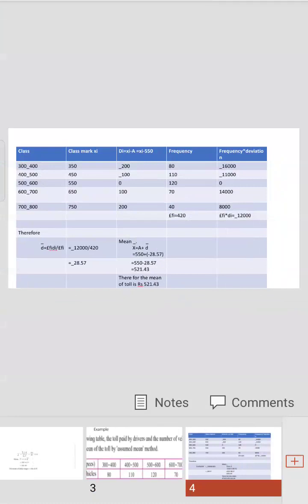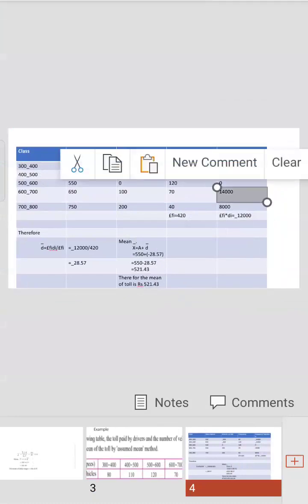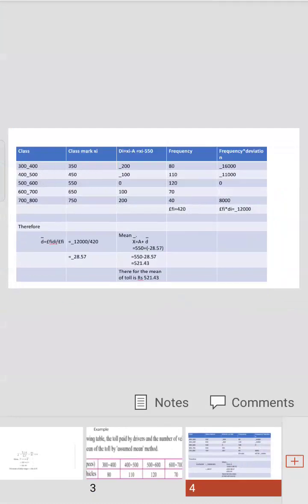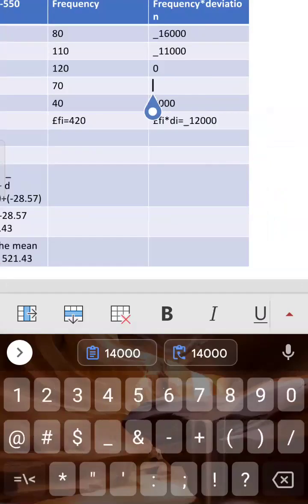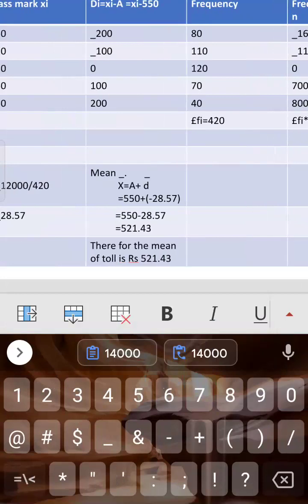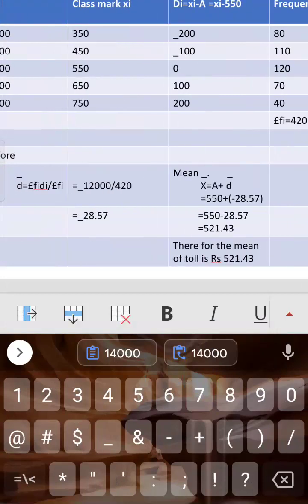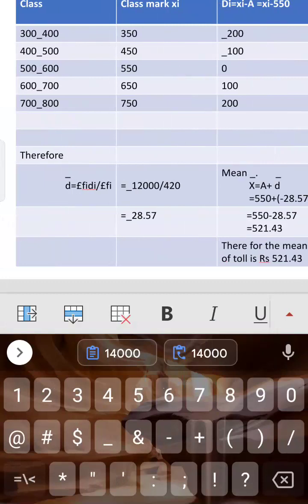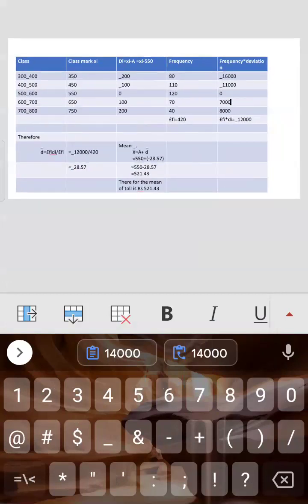The product of these, 100 into 70, is 7000. The fifth class is 700 to 800, the class mark is 750, and di is 200.